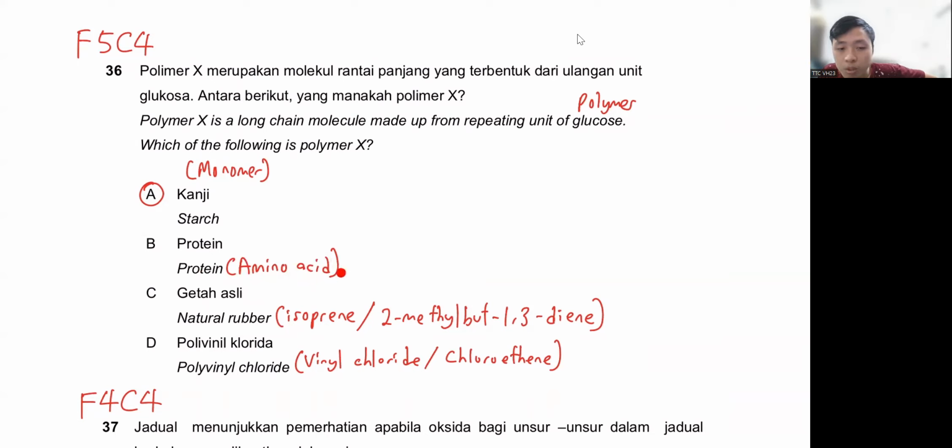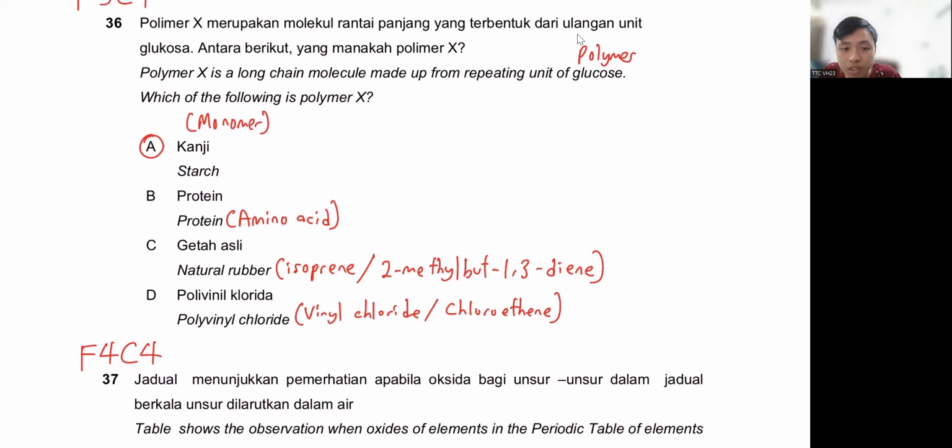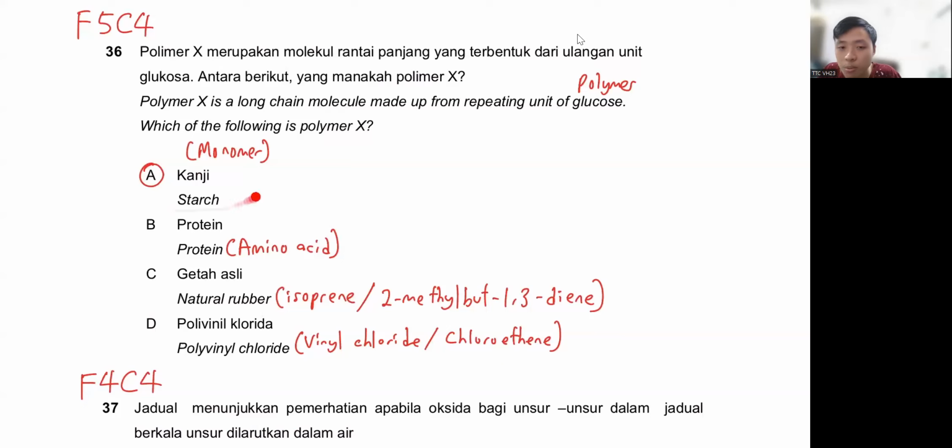Natural rubber is also a polymer. Isoprene, 2-methylbuta-1,3-diene, is the monomer, and this is the polymer. Polyvinyl chloride is also a polymer, so vinyl chloride is the monomer.